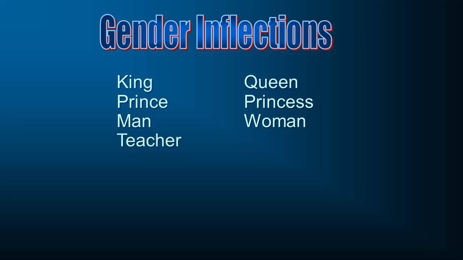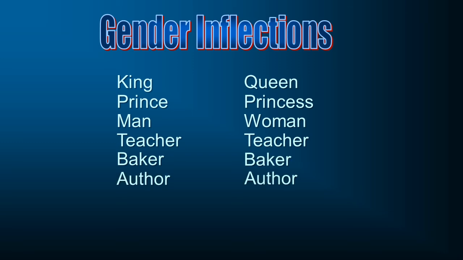But most words, like a teacher, if it's a man teacher, you just say teacher. If it's a woman teacher, professor, firefighter, you don't say firefightress. No. Most terms are used interchangeably. That is, there's one common term to describe both. There's a baker and a baker, an author and an author. You don't normally say authoress. You do say prophet and prophetess.